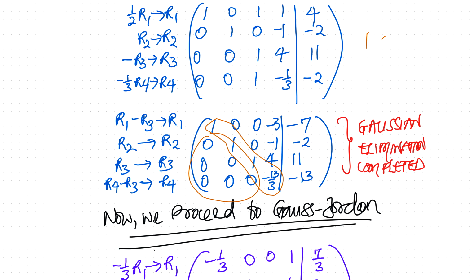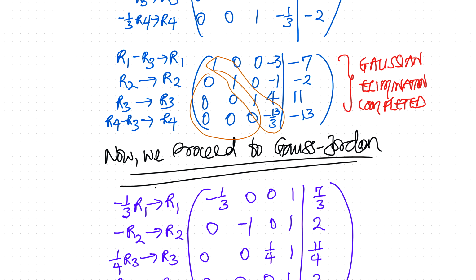If all you want to do is Gaussian elimination, you just stop here, bring back x1, x2, x3, x4, and do backward substitution. In fact, I can already see that minus 13 over 3 x4 is going to be equal to minus 13.